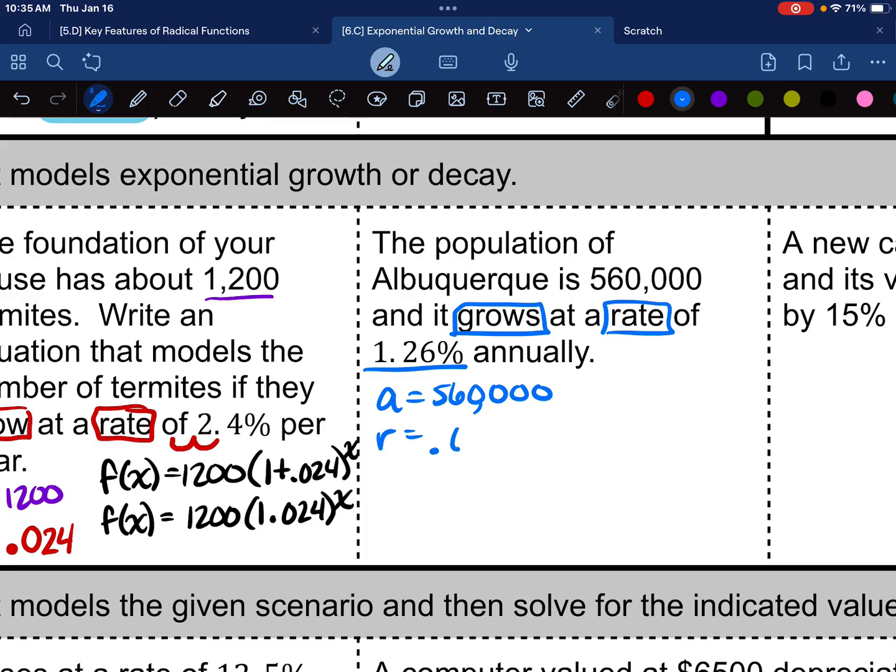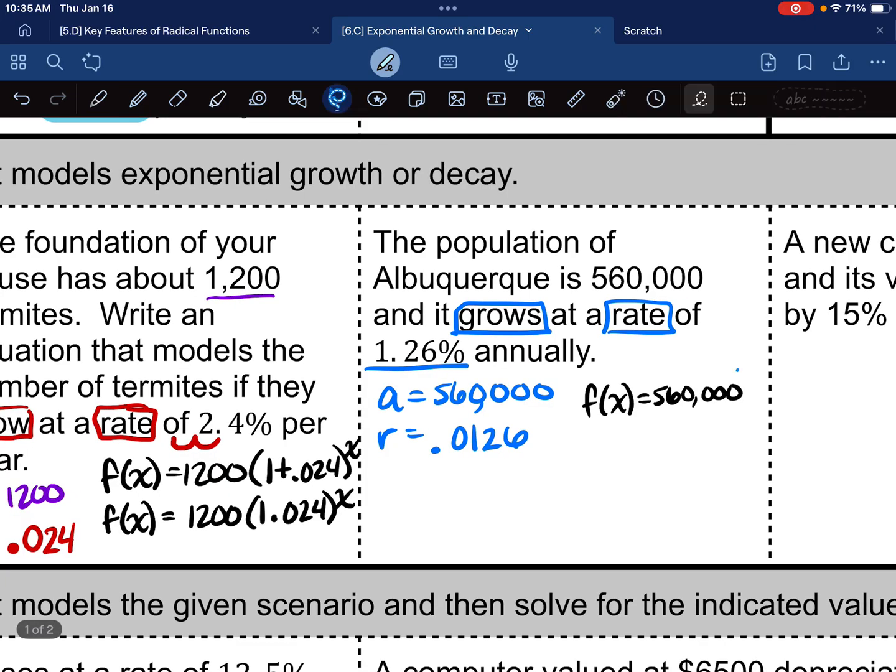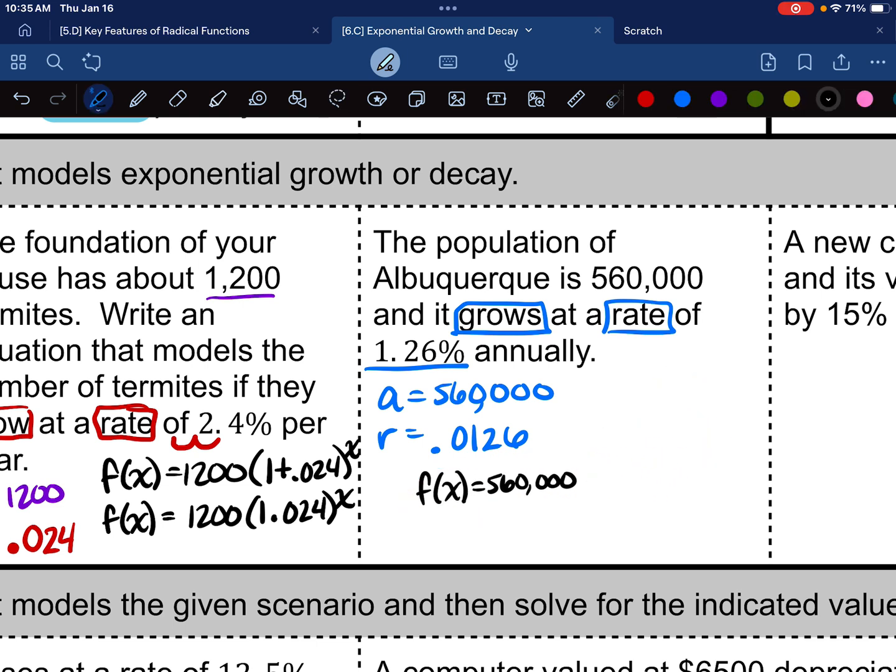So we move the decimal over twice, and that's our rate. So I'm going to write out the equation. I say f of x equals 560,000. Ooh, I'm going to run into my other box. Let me scoot this over. Sorry about that, guys. And it's growing, so I'm adding the 0.0126.